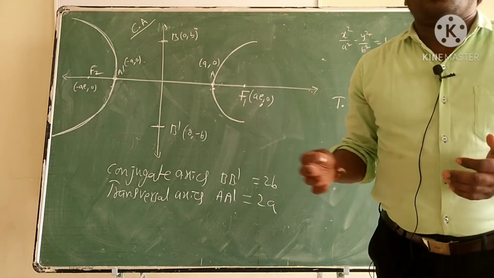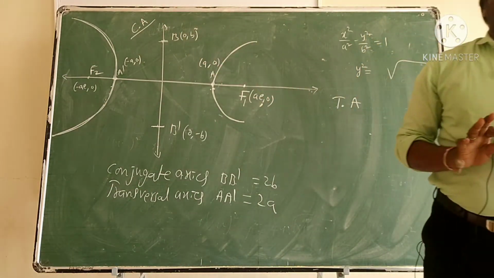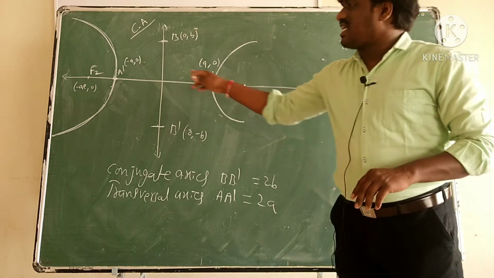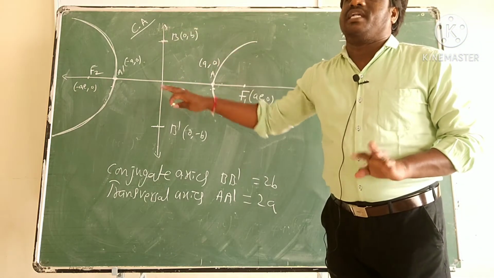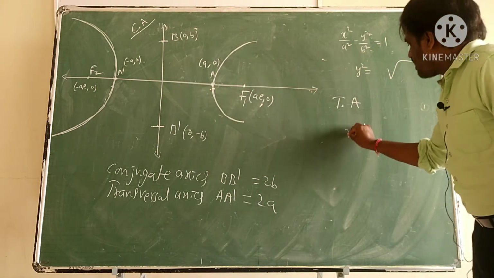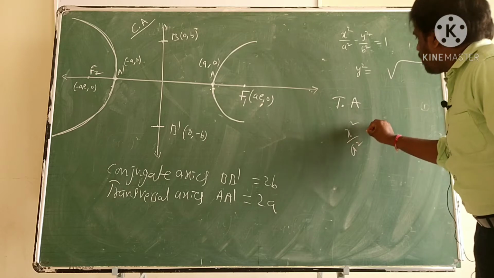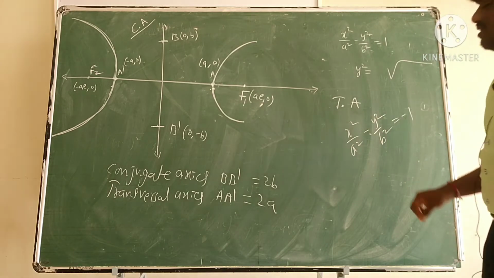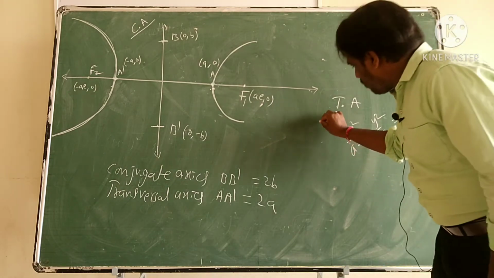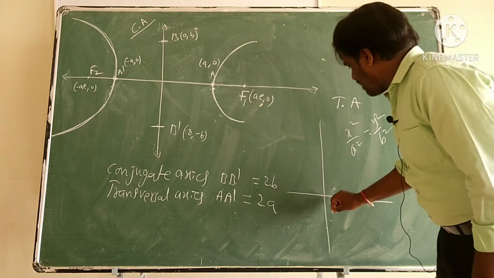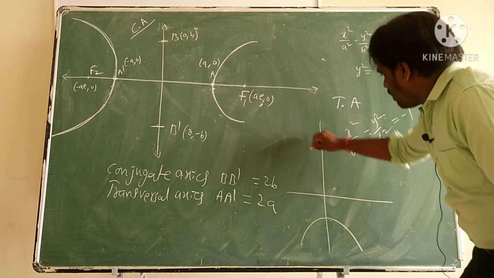For every hyperbola, there will be a conjugate hyperbola. So if you take this as A dash, you have to take B dash. The conjugate hyperbola formula will be x square by a square minus y square by b square is equal to minus 1. Conjugate hyperbola will be in this shape.